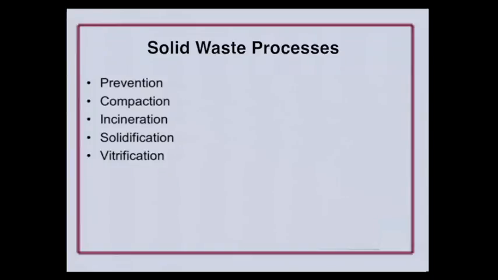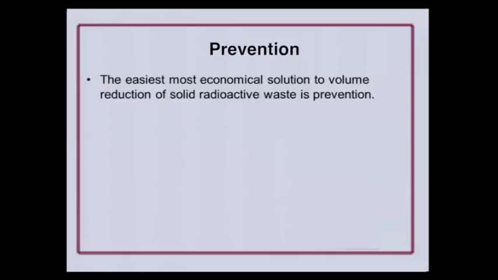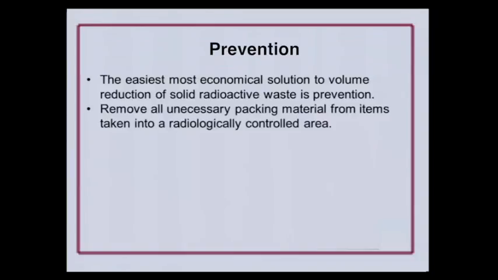But I do want to start with prevention, because that is the simplest, the most cost-effective, and in some cases the least used way to minimize the volume of rad waste generated at any facility. It doesn't matter if it's power or DOE or hospital. One way you can do that is removing unnecessary packing material from items being taken into a radiologically controlled area.